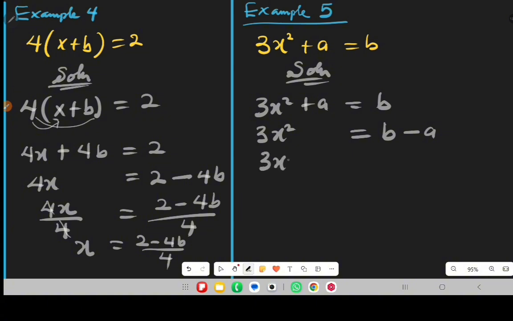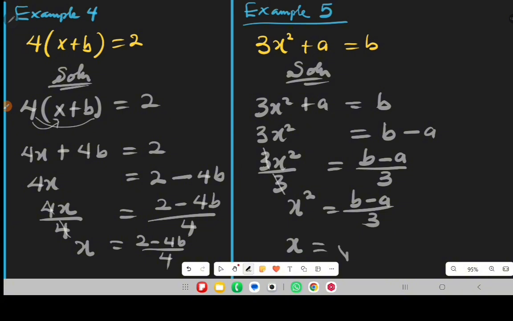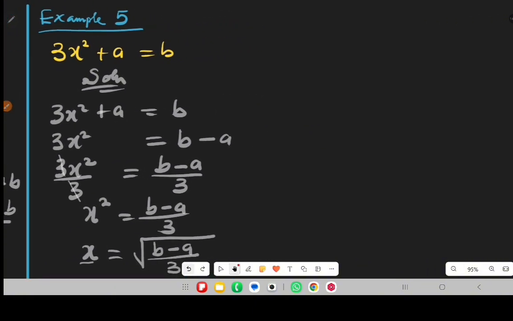We have 3x squared all over 3 equals b minus a all over 3. 3 cancels 3, left with x squared equals b minus a all over 3. Next step, to make x stand on its own, to remove the square, we take the square root of both sides. That is x equals the square root of b minus a all over 3, which makes x the subject of formula.